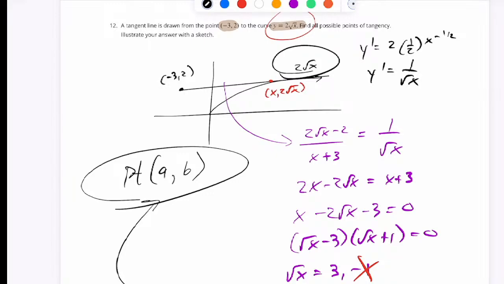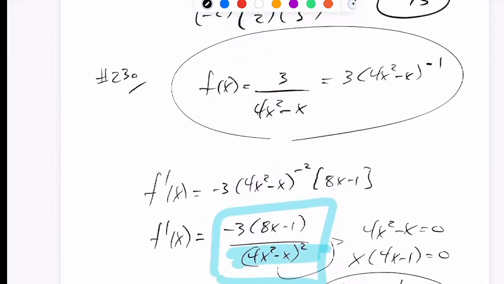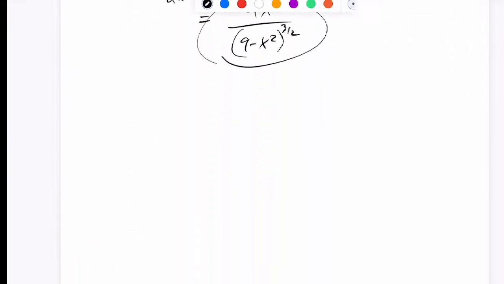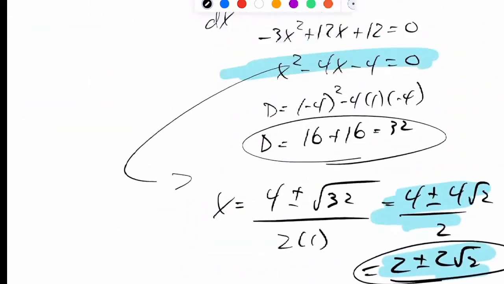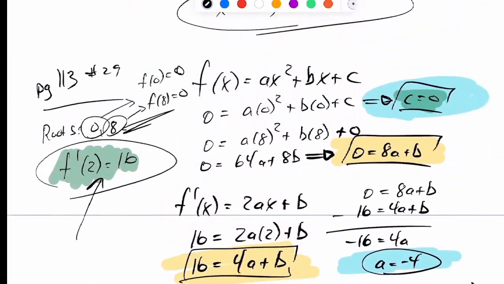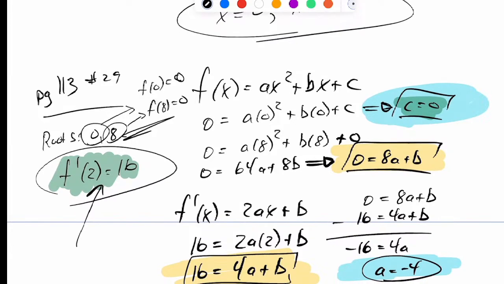The solution posted for what? 29? What is this 29 people keep asking about? Did I answer 29? I don't know. What is 29? Oh, this one? Well, this video is saved. You can watch the video. Right here.